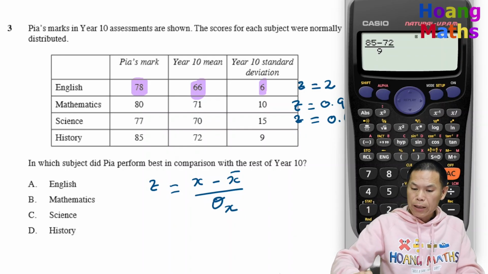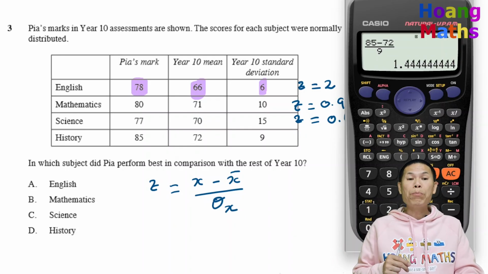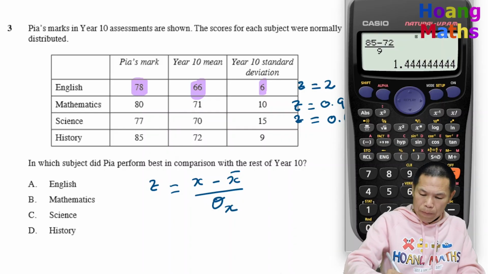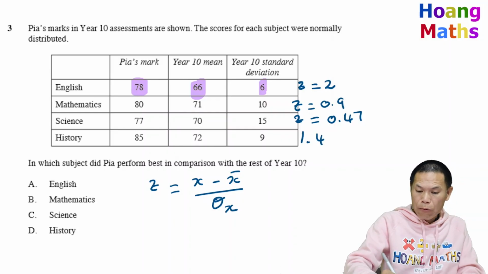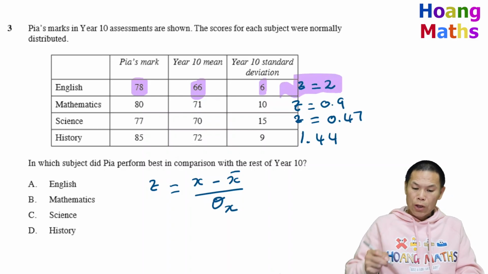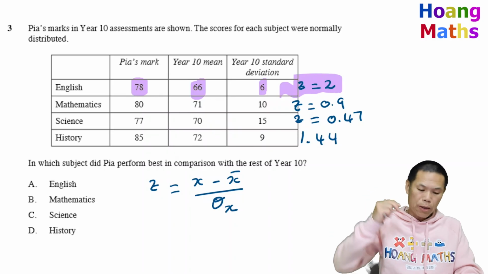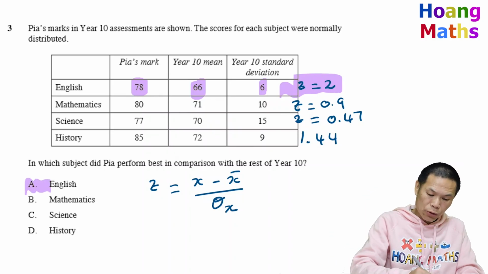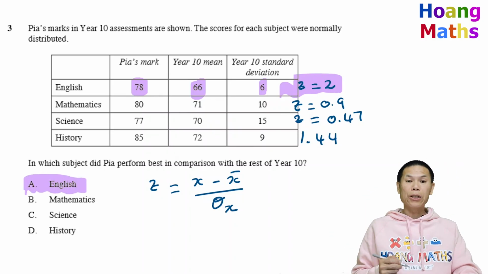There you go, 1.44. Therefore, English has the highest Z-score, so English performed the best. The answer should be A, English.